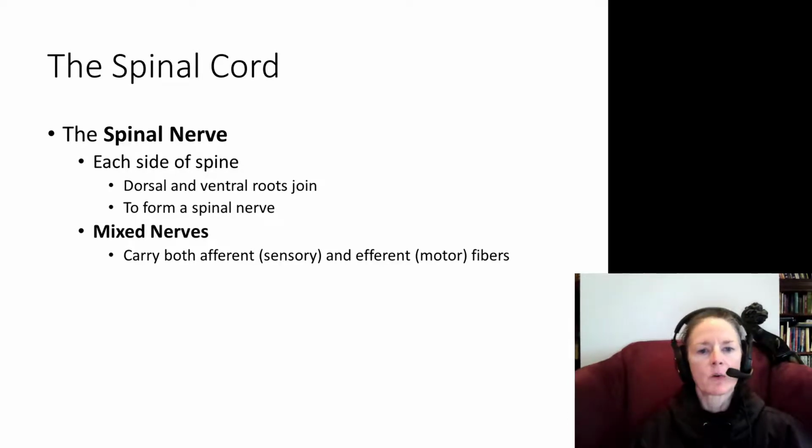What does that mean? That means they're going to carry both afferent information, that is information coming to the spinal cord, and this is going to be sensory, and efferent motor fibers. So remember, our efferent nerves exit the spinal cord and innervate an effector. Their axons are going to leave via that ventral root.